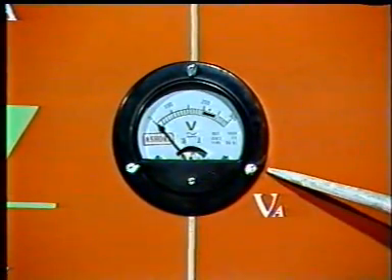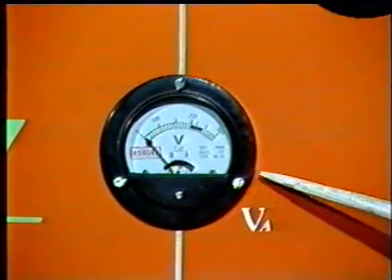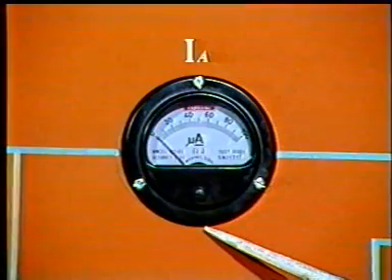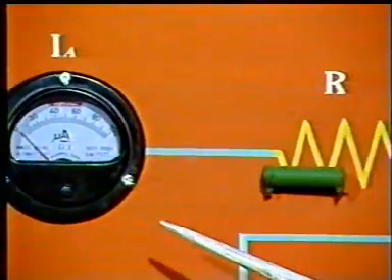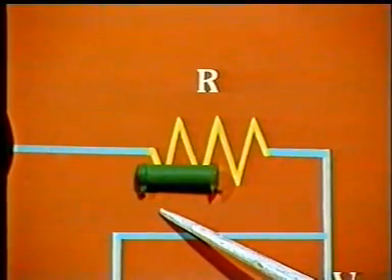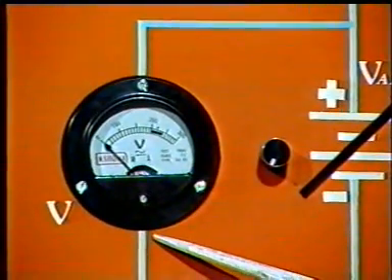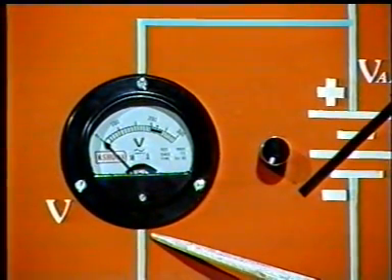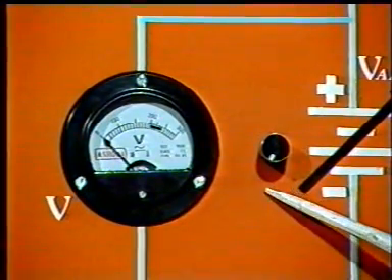This is the voltmeter that would measure the voltage across the SCR. This is the ammeter that would measure the current flowing through the SCR. This resistance has been put to limit the current flowing through the SCR. This voltmeter would measure the voltage applied across the circuit, which can be varied using this knob.